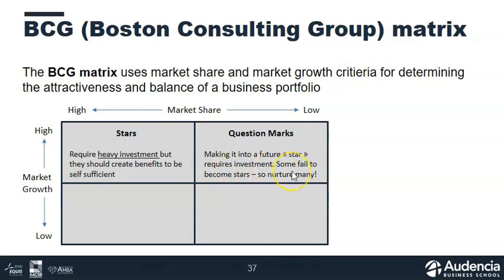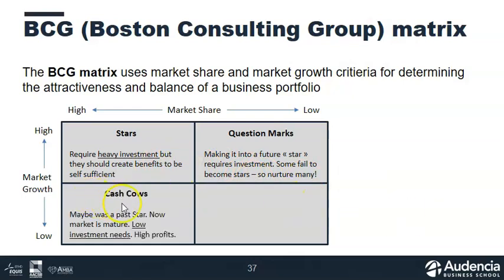A lot of these question marks are low performers in a high growth market. Some of them may not work. Some of these are not good investments. So we usually end up financing and investing in many question marks, knowing that some of them will fail, but some will succeed. We want to move them over here. We're going to identify our question marks and invest in a series of them, knowing that some will succeed in becoming stars.